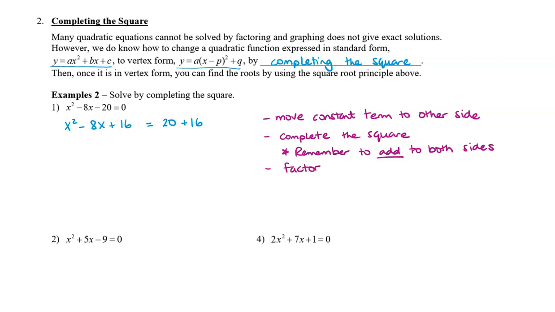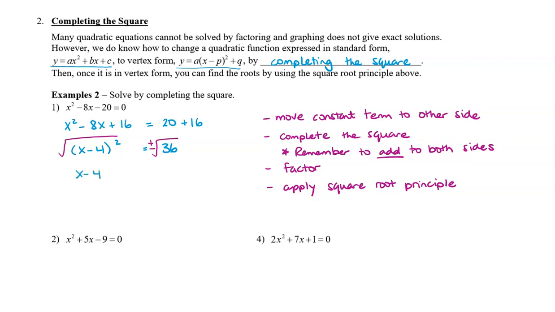On the left side, we're going to factor this trinomial perfect square. So this is going to become x minus 4 all squared. And we're going to simplify the right side, which is then 36. So now we can apply the square root principle like we've done before, because we have a binomial term and it is squared. So we're going to square root both sides. Then we have the plus or minus.